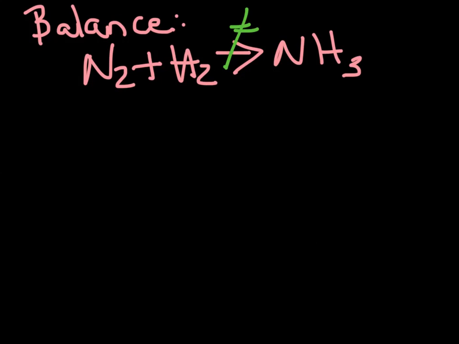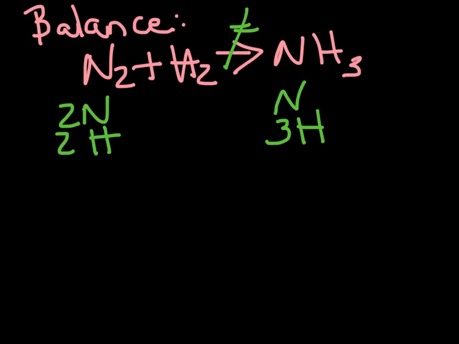It doesn't equal because in this case we have 2 nitrogens and we have 2 hydrogens. And over here we have 1 nitrogen and 3 hydrogens. So this does not equal out. In order to equal this, we're going to have to do some balancing. Remember, we can't take anything away, but we can add.